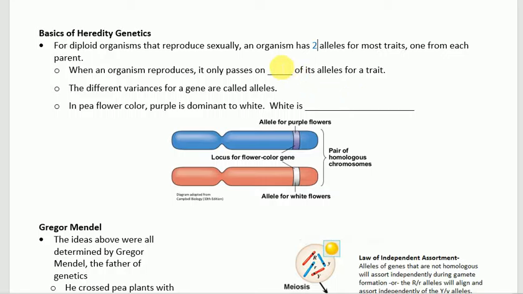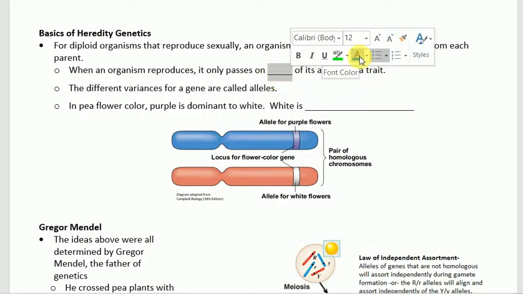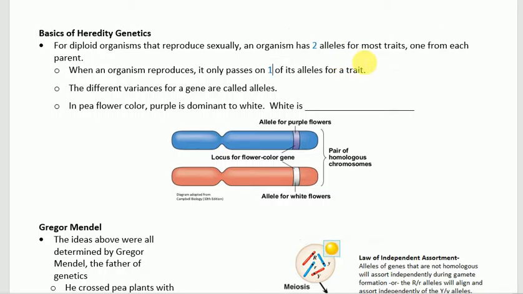So when that organism reproduces, it's only going to pass on one of those alleles for the traits, because again, one comes from mom, one comes from dad. The different variances for a gene are called alleles. Basically, an allele is a different variance for the exact same gene.